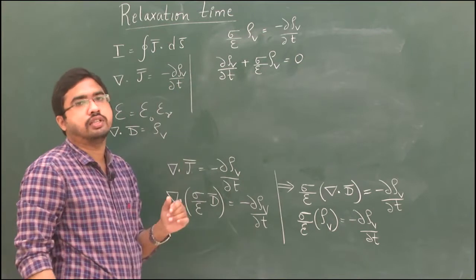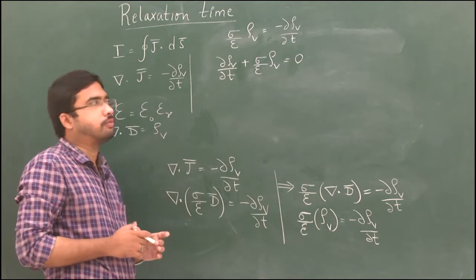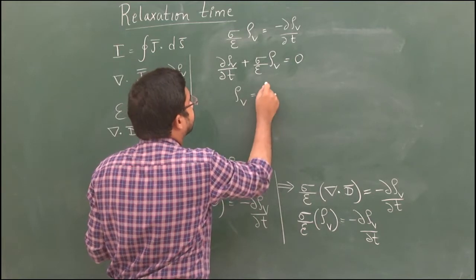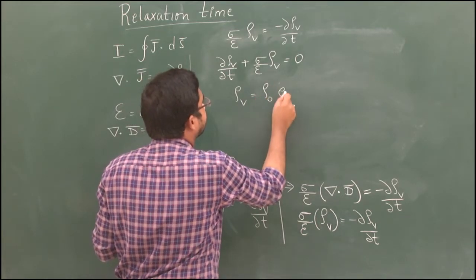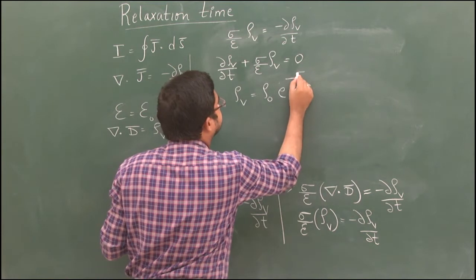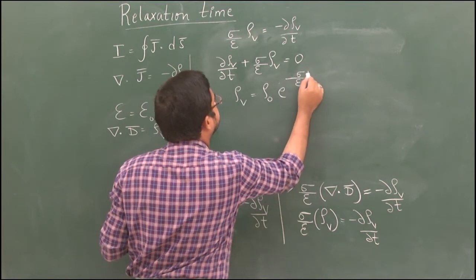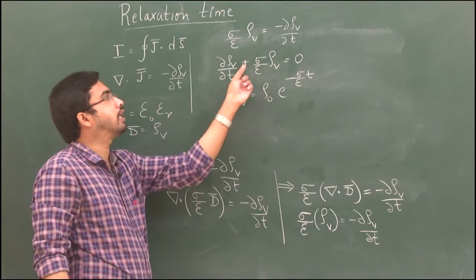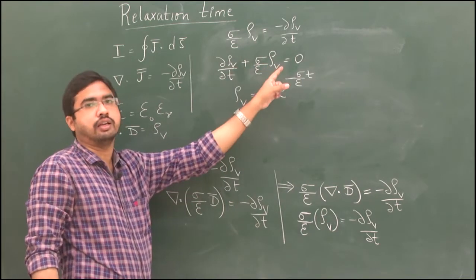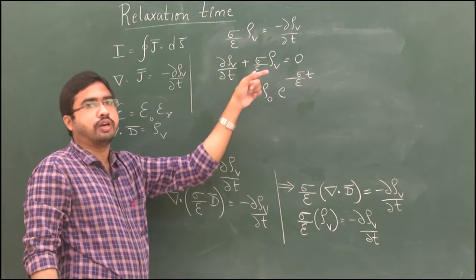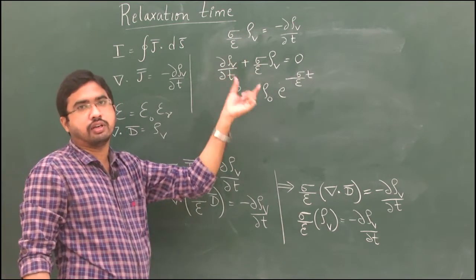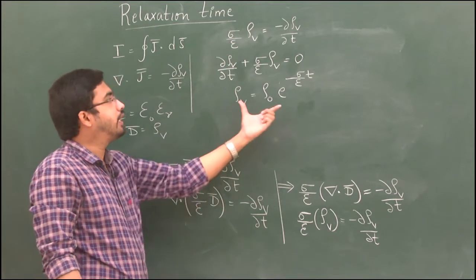Now on solving this using the mathematical procedures from M1, what is rho v? Rho v equals some constant rho naught into e power minus sigma by epsilon into t. This is the solution for volume charge density rho v, the variable quantity here. After solving that first order differential equation, generally we will get it in this format.